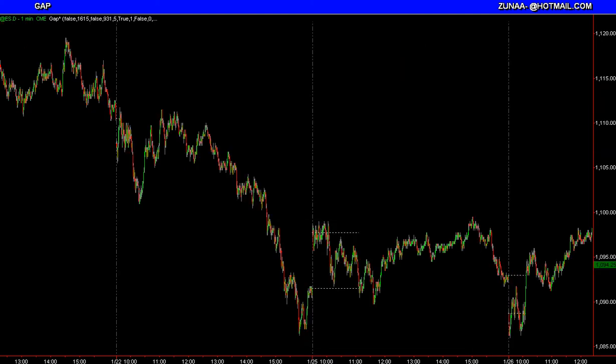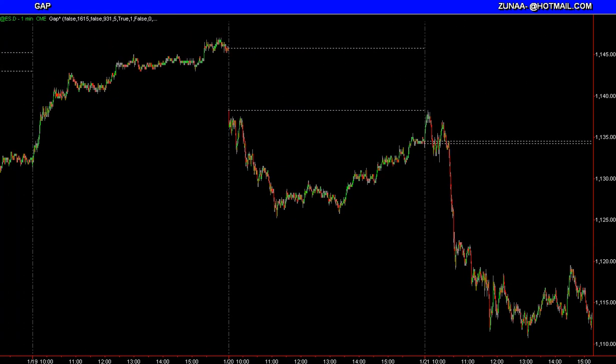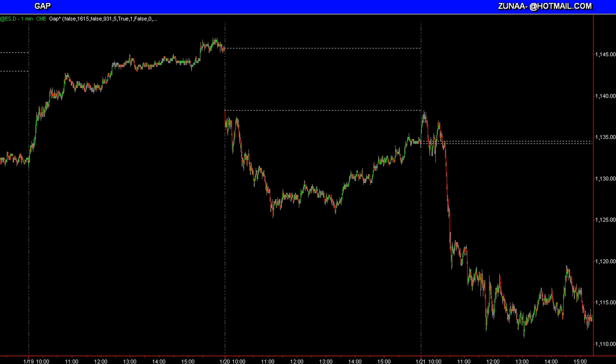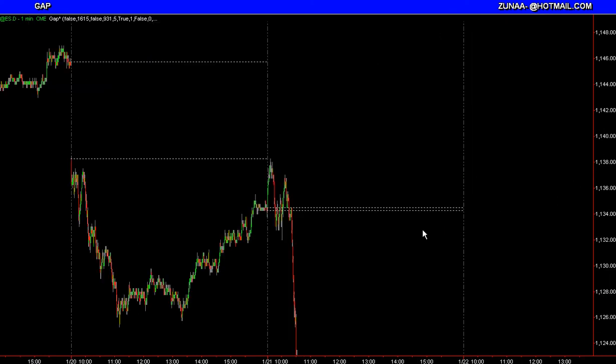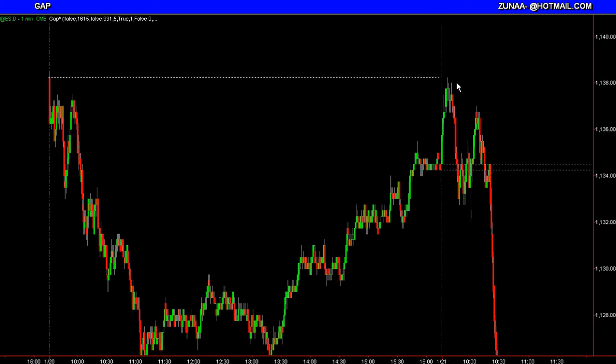A lot of people use gaps as areas of interest or areas where they want to initiate trades. For example, we were rising up the prior day and we had this large gap and the market sold off. We came up to it, and the next day at the opening came right up to the gap and then fell back again.